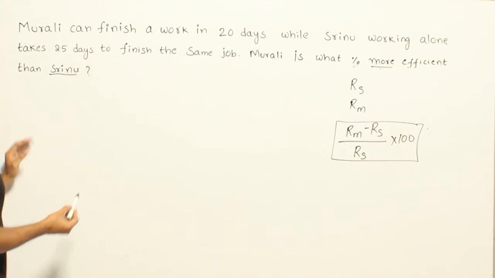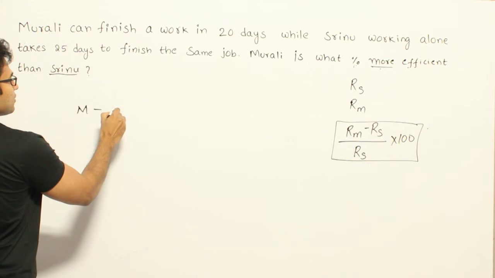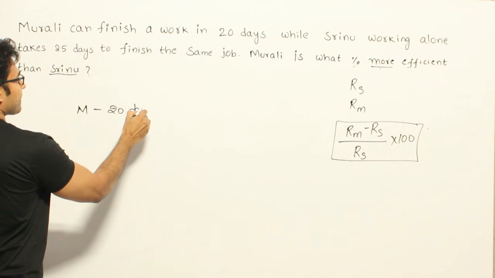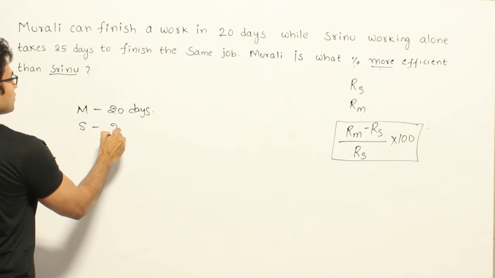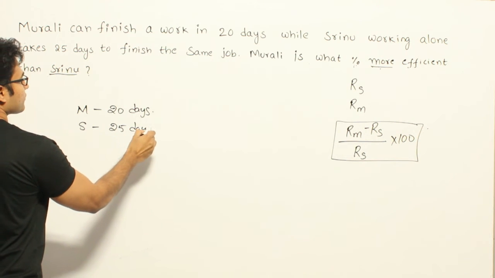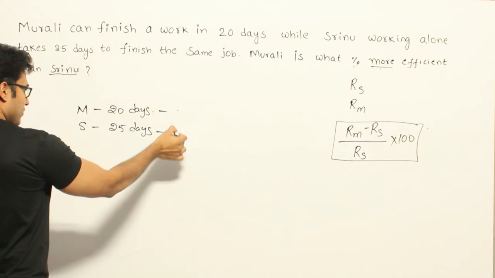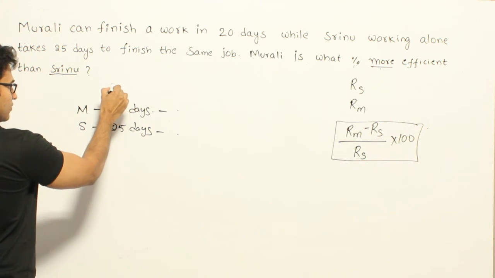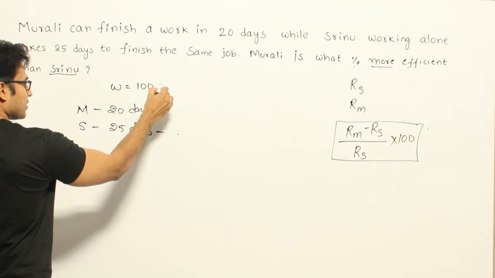See this? Now we are given that Murali can finish a work in 20 days, and similarly Srinu can finish it in 25 days. Now we have to find out the rate at which they are working. If you assume that the work is W or some number, it doesn't matter.